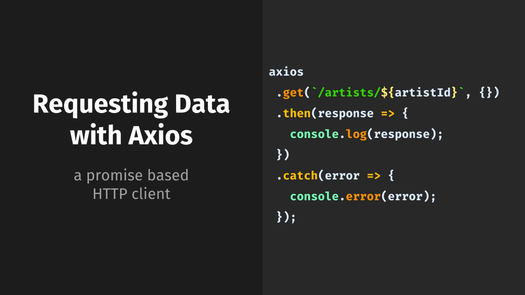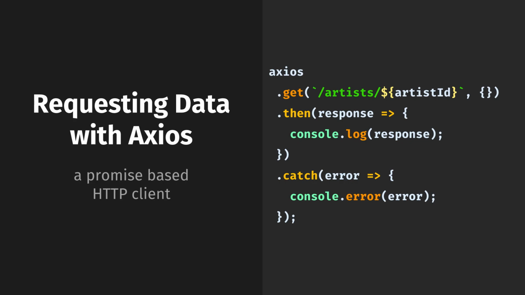And it gives you a promise-based wrapper around the request. So when you make a request, it's as simple as issuing a get, a post, a put, whatever you want to a specific endpoint. You pass in whatever options you need to, in this case, nothing. And then you get a promise in return.